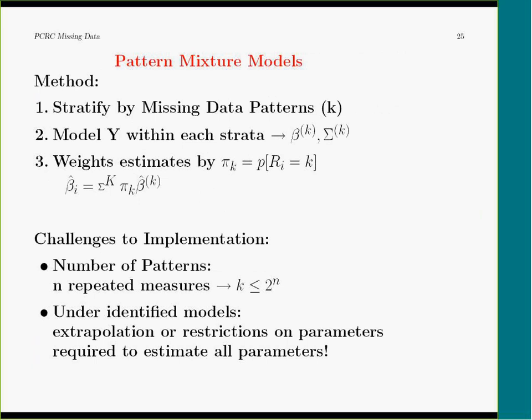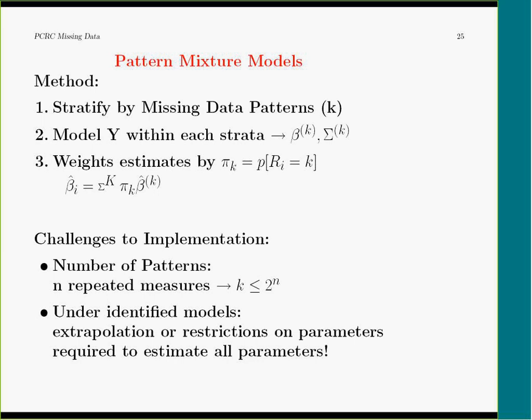And then finally, I want to talk about pattern mixture models, which are, at least in this setting, probably my least favorite technique. They're very popular with some people, but I haven't been able to apply them well in any setting that I've been challenged to do it in.